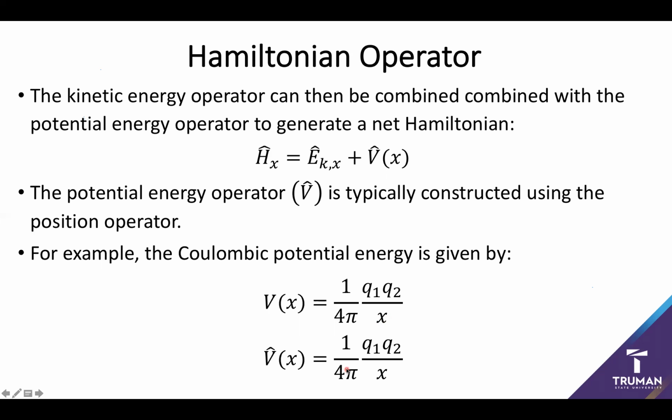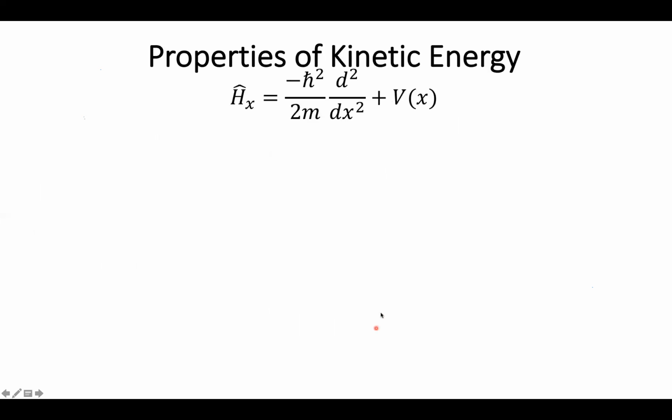And this means that 1 over 4 pi, well, that's a constant. The charges are just going to be a constant depending on the system. This means that my only variable is, oh, it looks like the position operator. So in this case, we can express our potential energy with 1 over the position operator. And then we can go ahead and combine this with our kinetic energy to give us a generalized form.